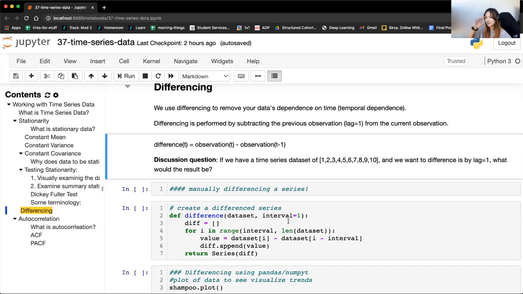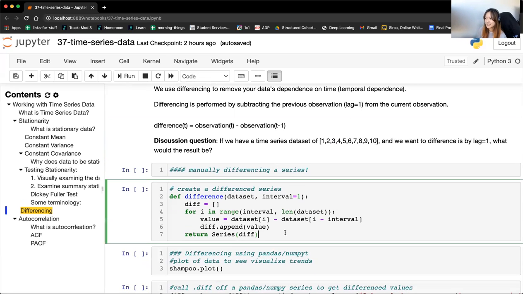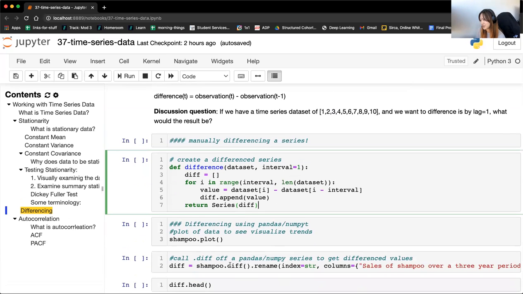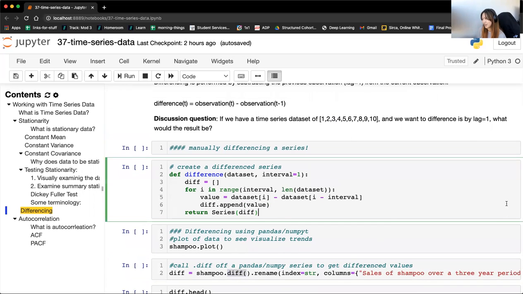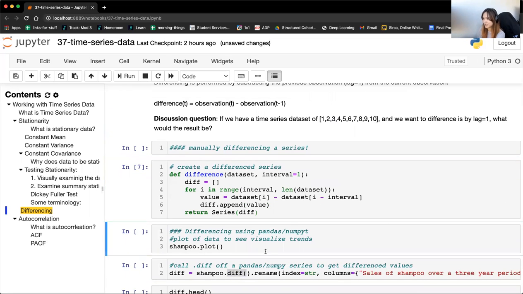All right, so just based on this example where you're taking a diagonal line and flattening it, that's what we want to do to any data that has overall movement trends. This is the manual code. I will also show you later there is a built-in function, but I just wanted to show that with this manual function, it's actually pretty straightforward. We have a data set of data points, and this can be our lag interval.